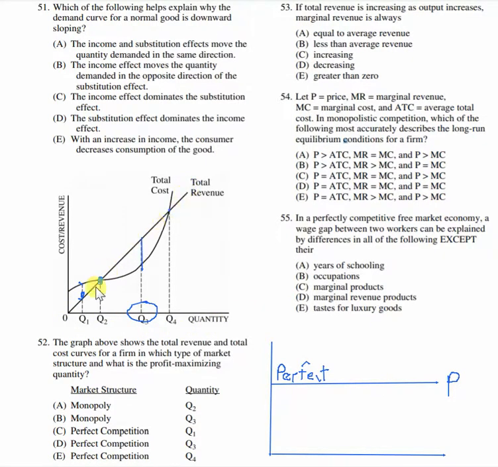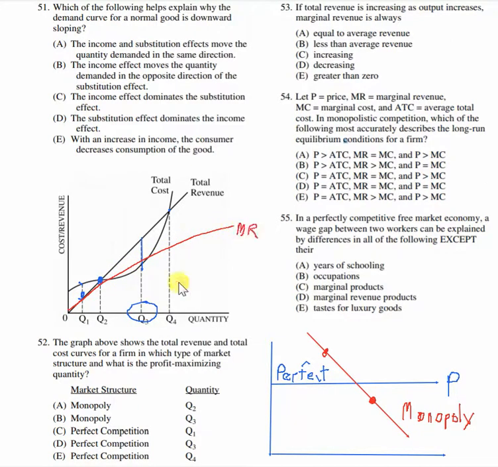Now remember, with a monopoly or even monopolistic competition, you will see a downward sloping demand curve. That means they'll sell a certain quantity at one price, but if they want to sell more, they have to have a lower price, right? So the revenue curve for doing this is not necessarily going to be linear. In fact, you might find a marginal revenue curve that tends down like that.